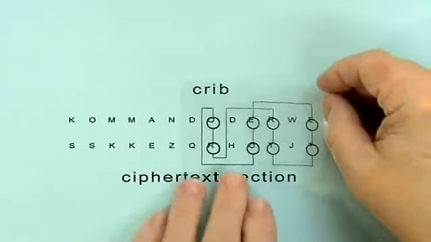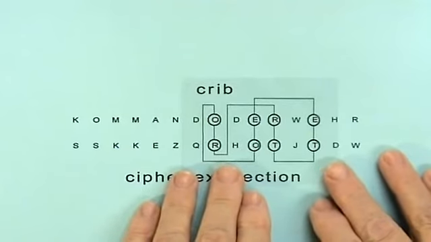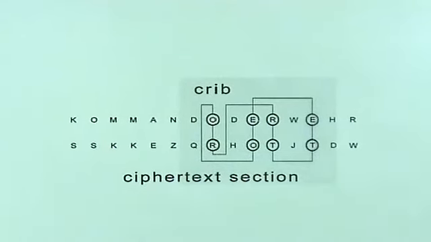The letters in that row represent the lamps in the Enigma's lamp board that flashed one after the other when these letters were typed. Here is the loop.